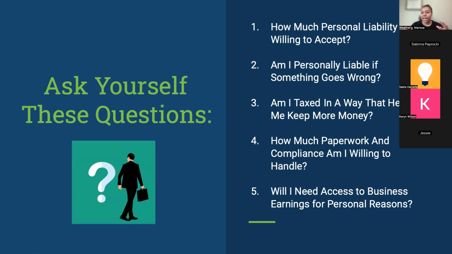Am I going to be protected if something goes wrong? Or is this just a general partnership? Am I the general partner, or am I not operating under any sort of filing? I don't have any type of structure for my business. I'm doing it myself through a sole proprietorship. Are you going to be liable if something goes wrong?